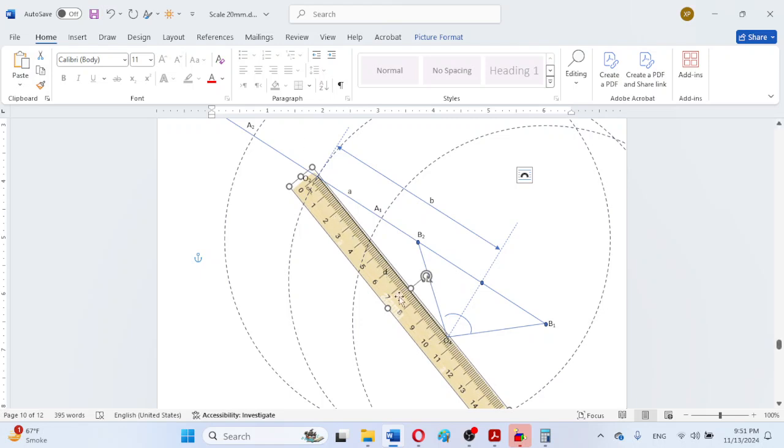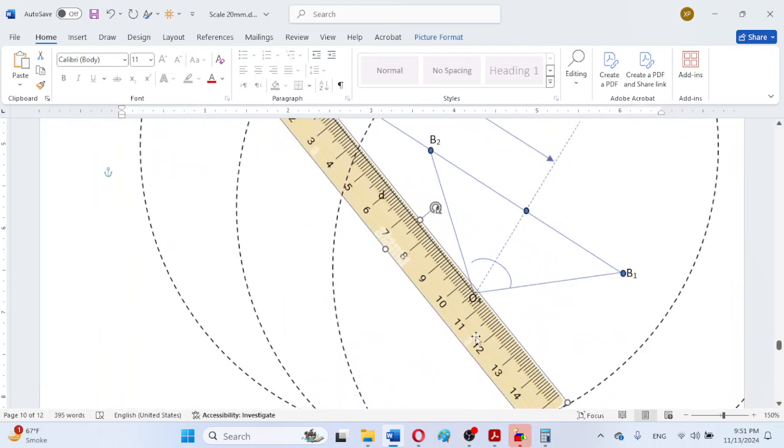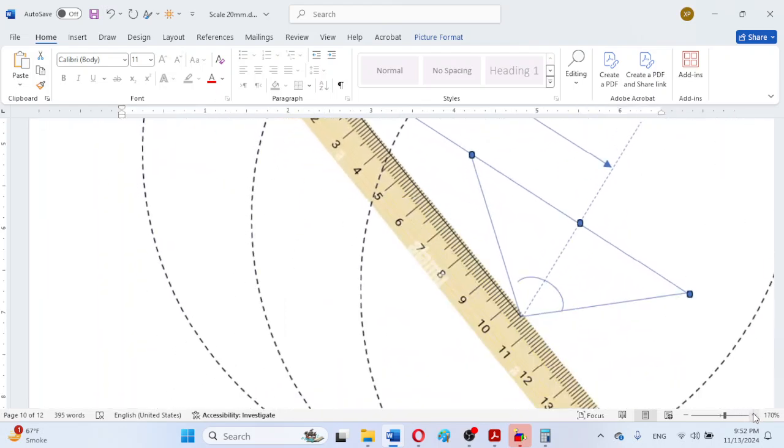So as we can observe here that this is equal to here 10, and it is about, we can just zoom for better clarity.